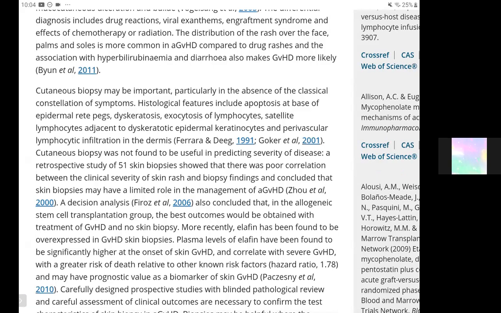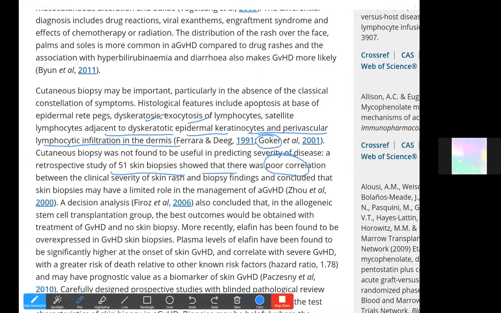And histological features would include, basically, a lot of apoptosis. Now the apoptosis in this case would occur even in the GI tract also. There will be crypt base apoptosis at the base of the crypts. Here the apoptosis would be at the base of the epidermal rete ridges.